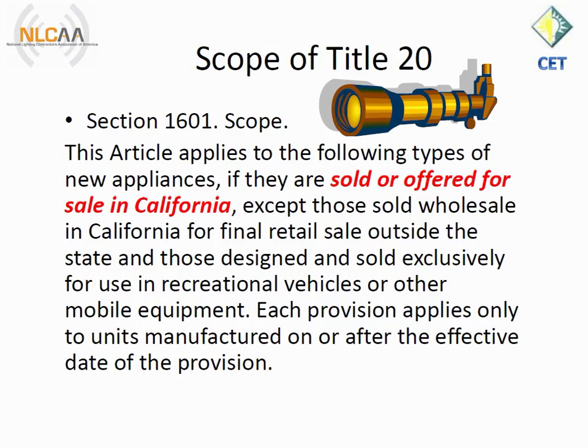A good way to think of Title 20 is that it contains the minimum functional requirements to sell a lighting control at the hardware store in the state of California.